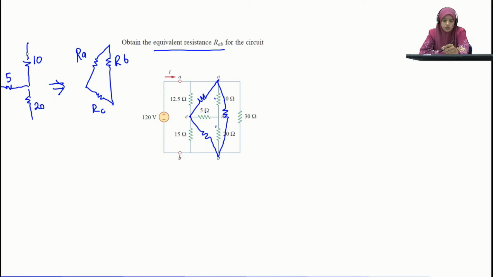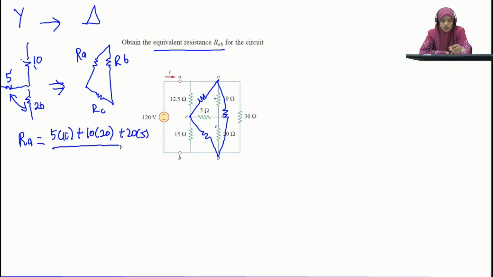In order to change from Y to delta, it is very simple. You need to multiply 5 times 10, plus 10 multiplied by 20, and 20 multiplied by 5.